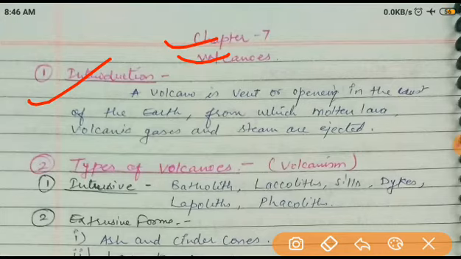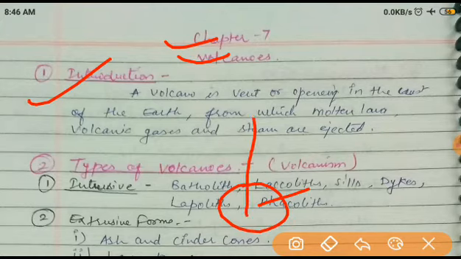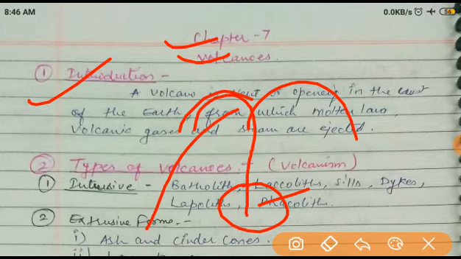This is called a volcano. It is what we have seen in the diagram: the magma chamber filled with magma, and when the magma comes out through the vent, this dome-like structure is called a volcano. You can write it in your own language.